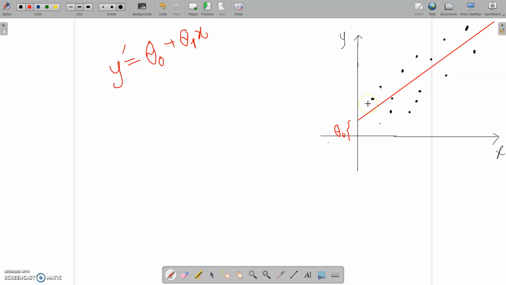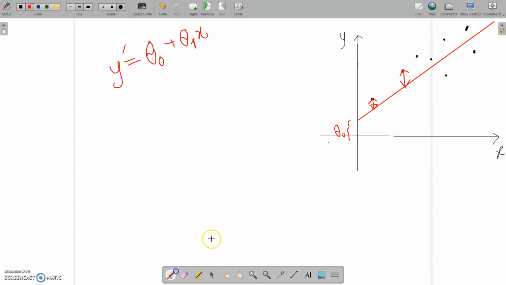So what we do here is, from each of the points, you draw a normal line, normal to the x-axis, like this.